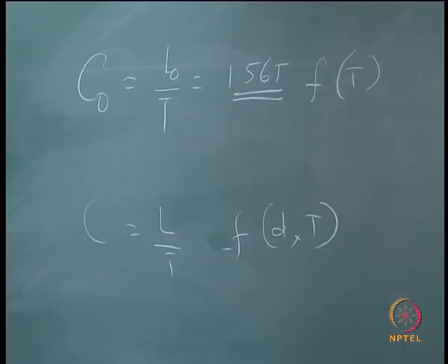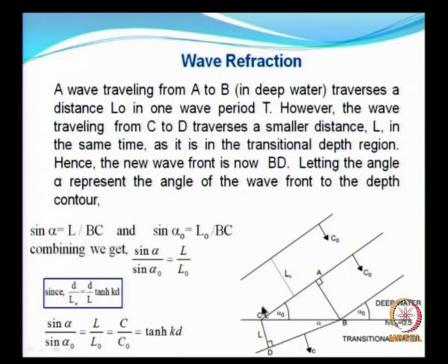So, as a wave travels, we now consider a wave crest which is entirely in deep water, and we also consider a wave crest where part of the wave is in deeper waters and part is in transitional or intermediate waters.